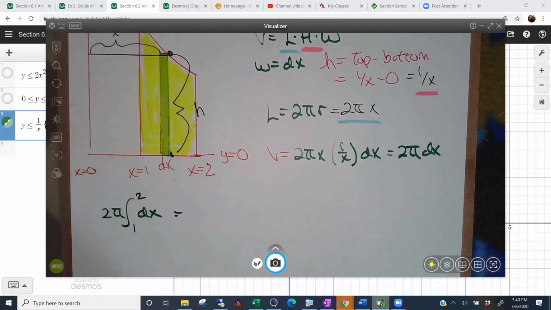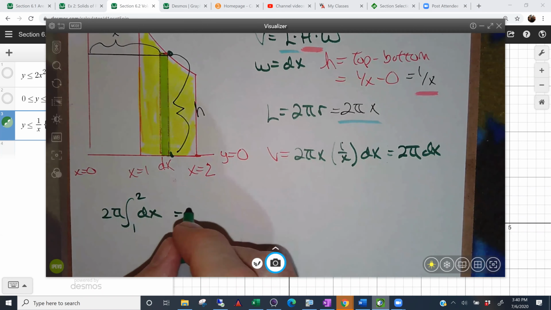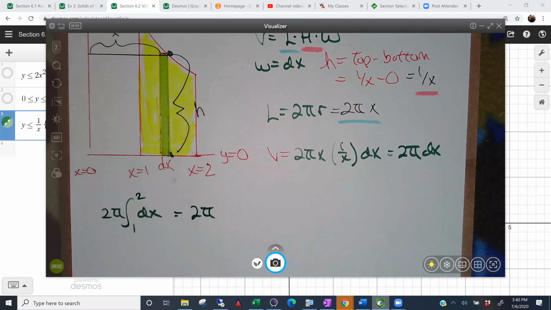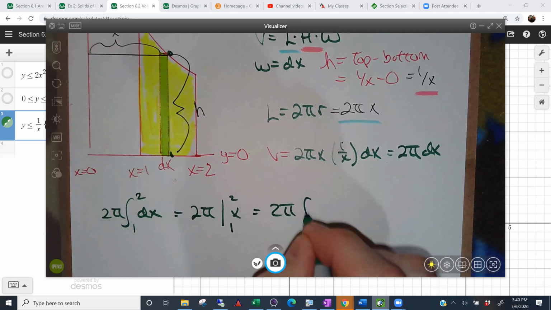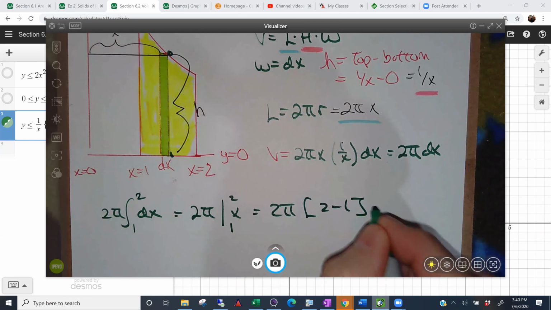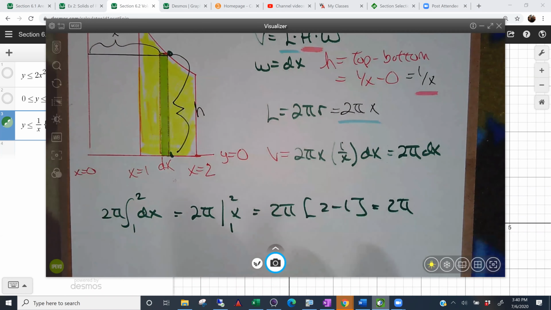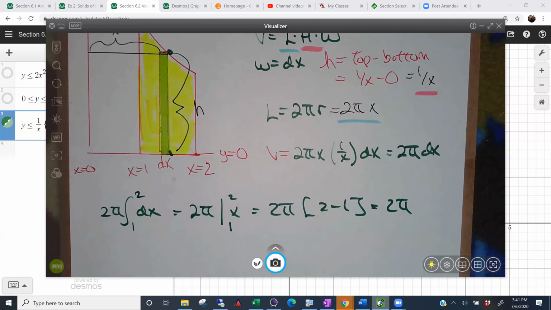So it's going to be 2 pi times x between 1 and 2. 2 pi. Well, I'm not comfortable with that, but I don't see any mistakes.